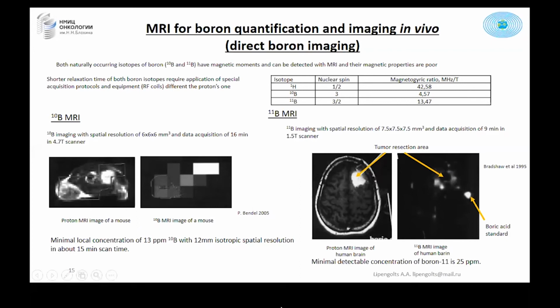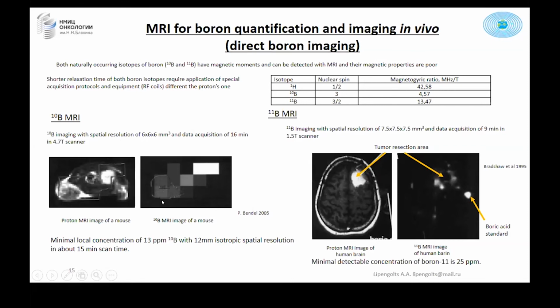The attempt at imaging exactly boron-10 with MRI was also performed almost 10 years later. It was made on a much more powerful scanner with a magnetic field of 4.7 Tesla. The spatial resolution and acquisition time were somehow comparable to the previous research.